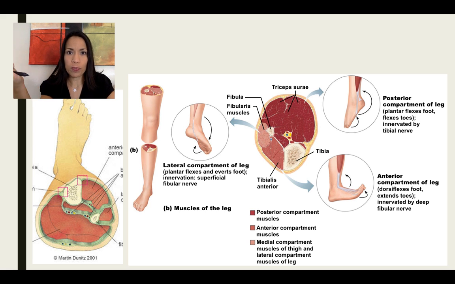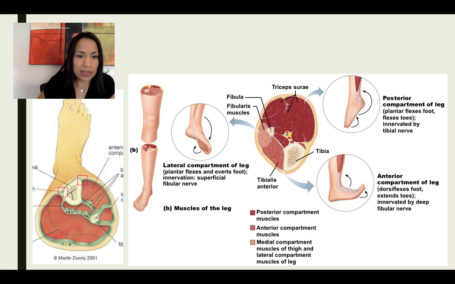The same fascia lata descends toward the leg and creates three compartments as well. But instead of anterior, posterior, and medial, now we're going to have anterior, posterior, and lateral.